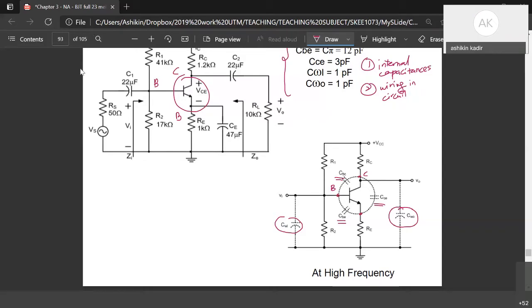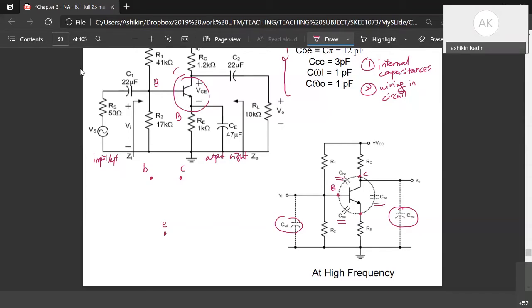So now we need to use the hybrid pi model to represent our circuit during high frequency analysis. Here you have the circuit, input and output is at base and collector. Base is your input, collector is your output. So I like to draw it as input on the left, output on your right, and then emitter here.